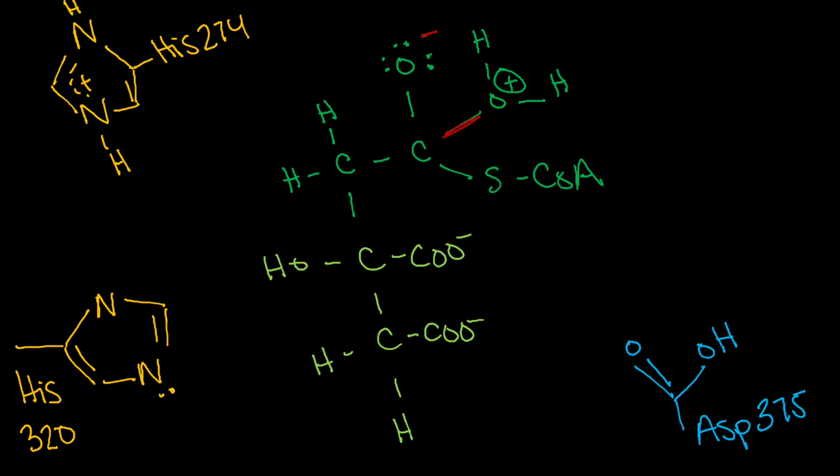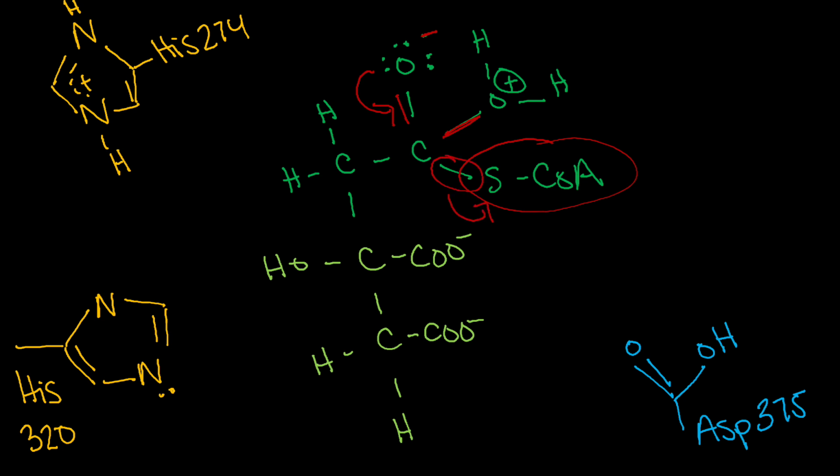So the double bond character will return because one of the lone pairs will quickly drop back down, reforming that double bond. Carbon can only have 4 bonds, so one of the bonds is going to be lost, and it is going to be the coenzyme A. So this bond will be broken.